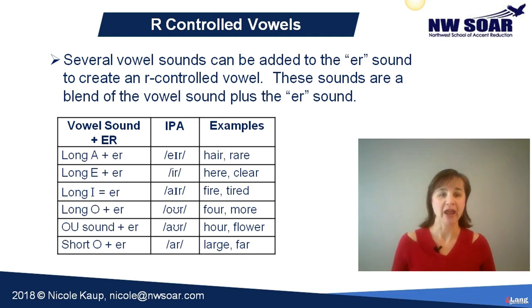Examples include hair and rare. Notice that as a blend of A and R, air, hair and rare. The long E sound, blended with R, ear, as in hear and clear.